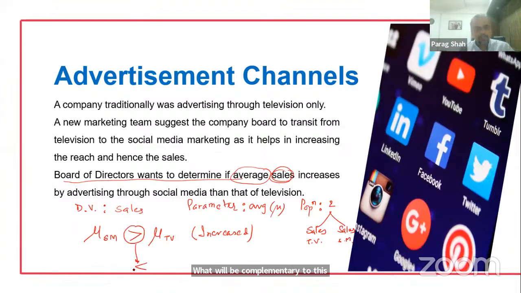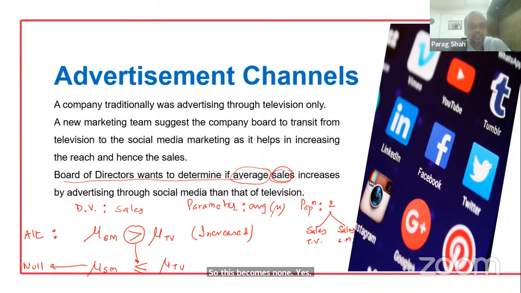Greater than means less than or equal to. Means it has not increased. So this is equal to sign. Here it is equal to sign. So this becomes null. This becomes alternative. So this is how one sample test, two sample test will be decided. This is how which test to use, that also will be decided.